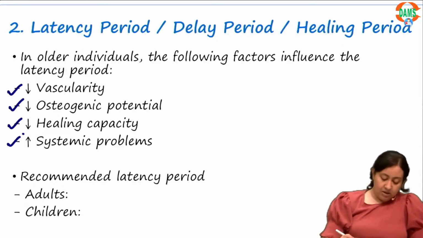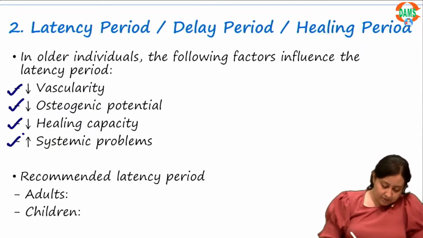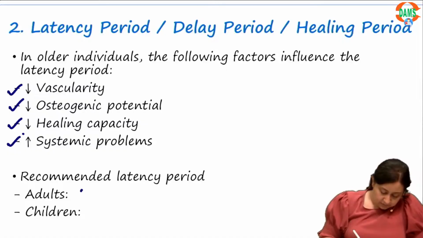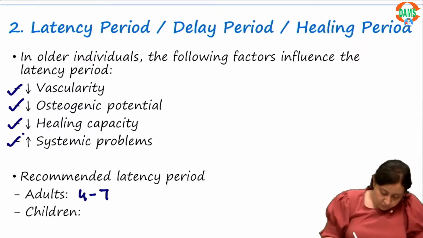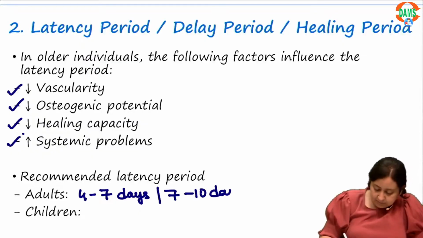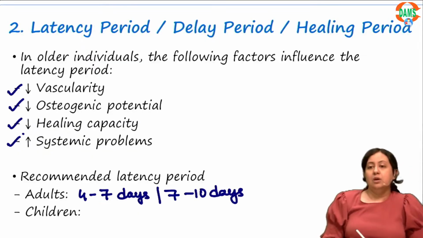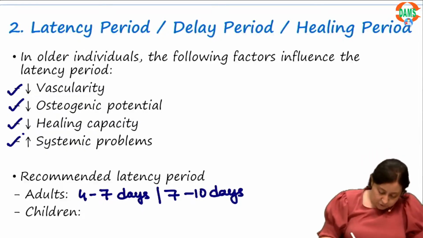Okay. Now, the recommended latency period is, in adults, 4 to 7 days. Some books also mention 7 to 10 days. Okay. For children, it is usually 2 to 4 days.